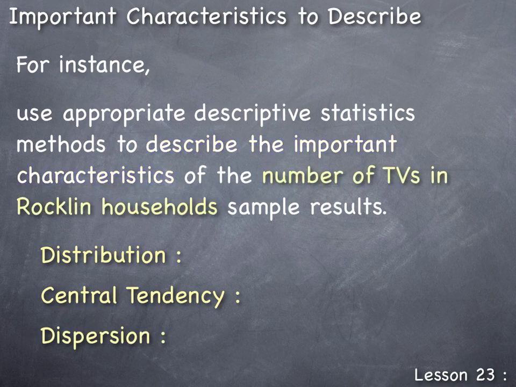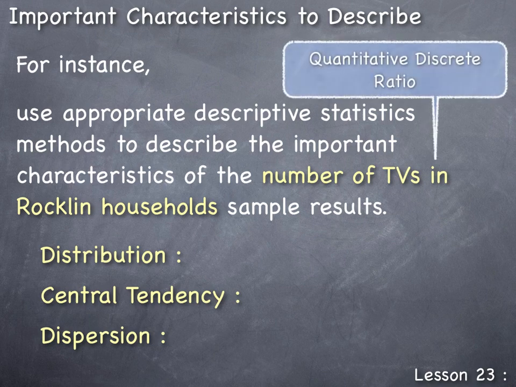Now the data here was number of TVs in Rockland households. So the number of TVs is quantitative data that's of a discrete type that falls at the ratio level. So the appropriate descriptive statistics methods when trying to describe the distribution of quantitative data is to construct either a distribution table, a histogram, or a stem and leaf plot.